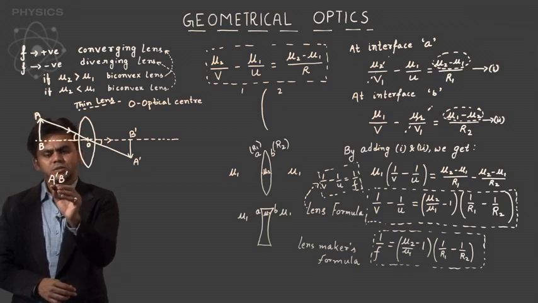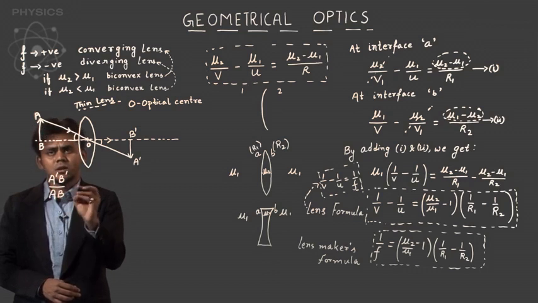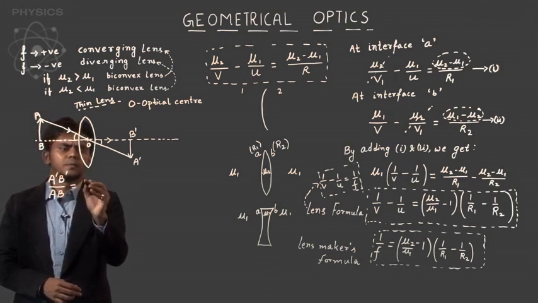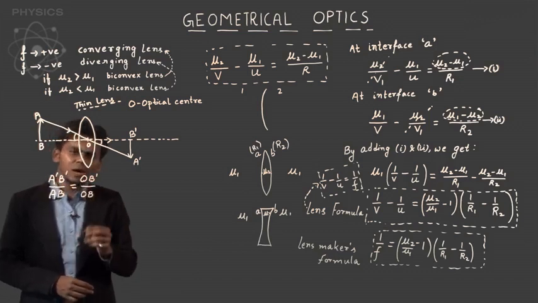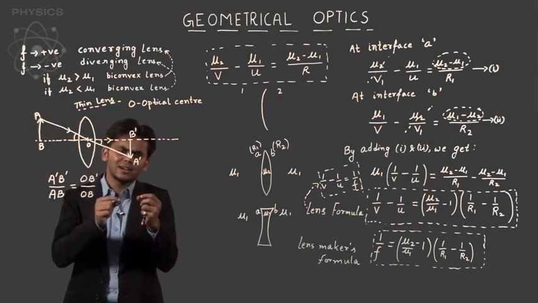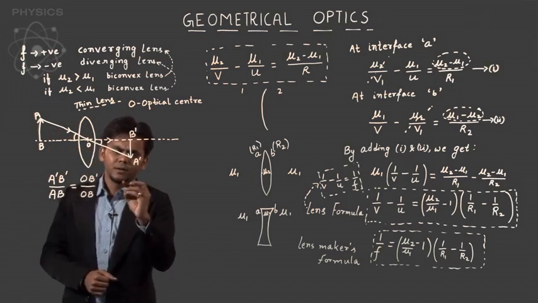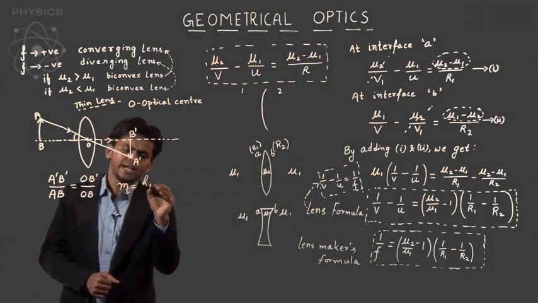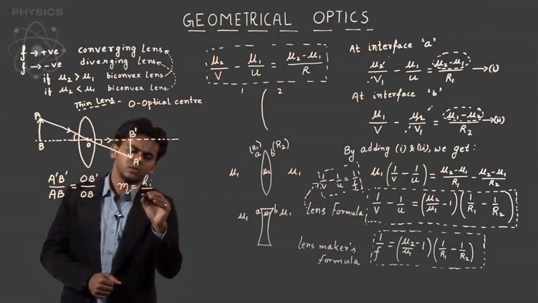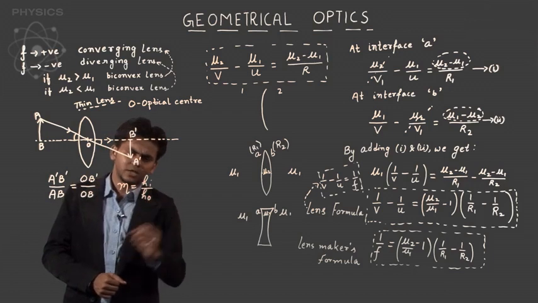A'B' by AB is equal to OB' upon OB. Now let's come to the exact specifics over here. Magnification is defined as height of image upon height of object.